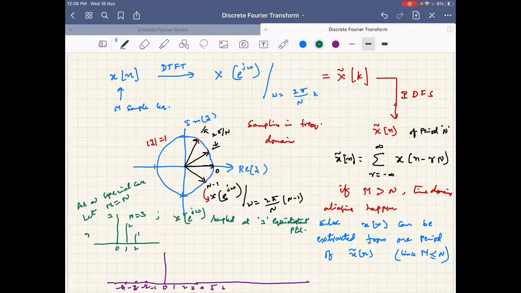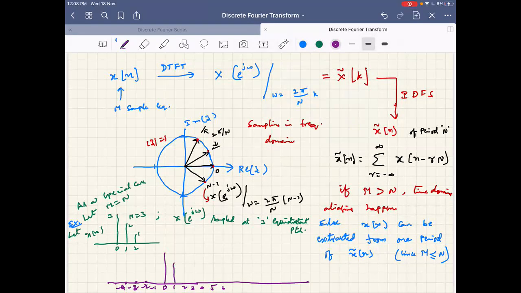And this is what we have here as x of n. This is an example that we are discussing. So now let us see how x tilde of n looks.